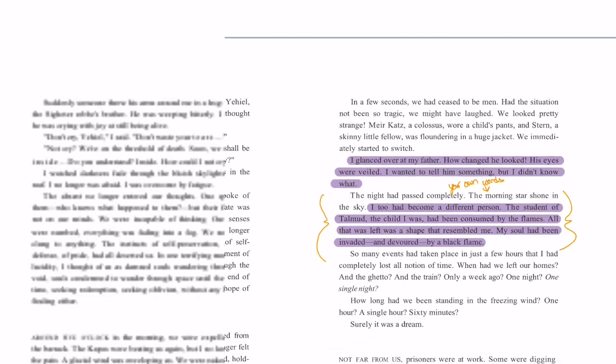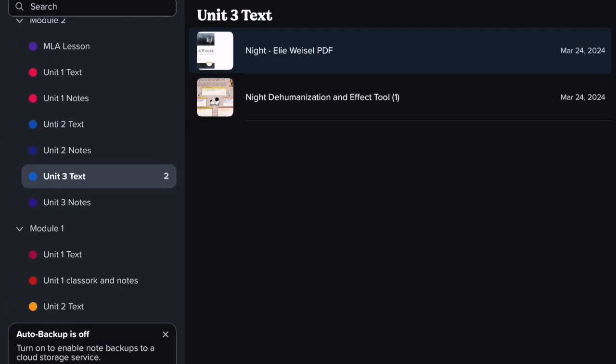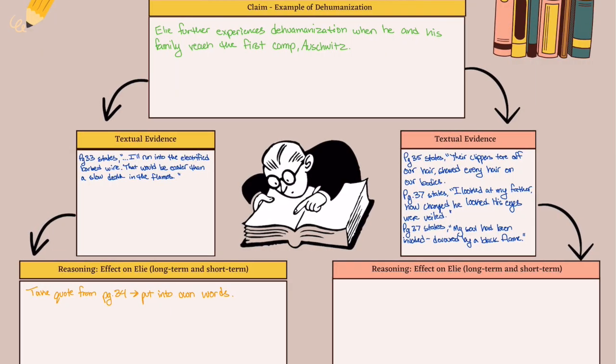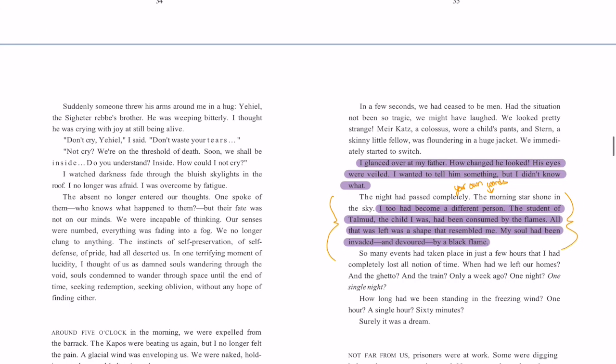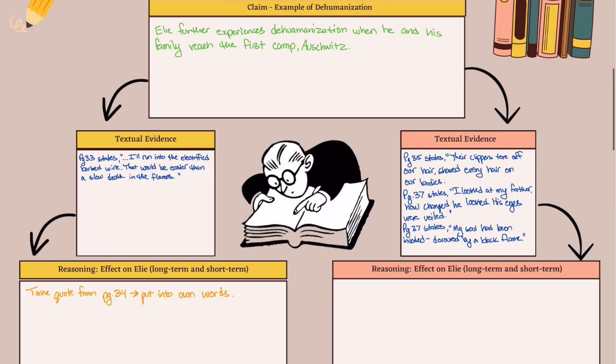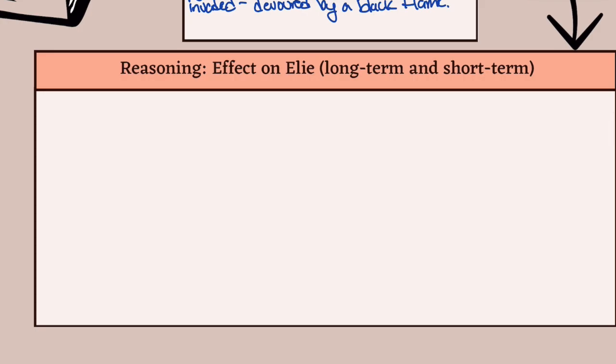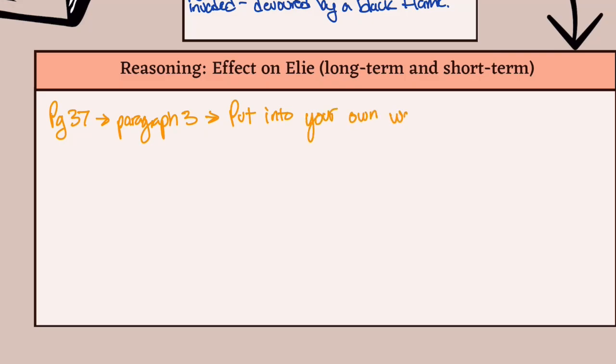That's on page 37. All right, so I'm going to, actually, what paragraph is that? Let's see. This paragraph, page 37, paragraph 3. So I'm just going to write that in this box here. I'm going to say page 37, paragraph 3, put into your own words.